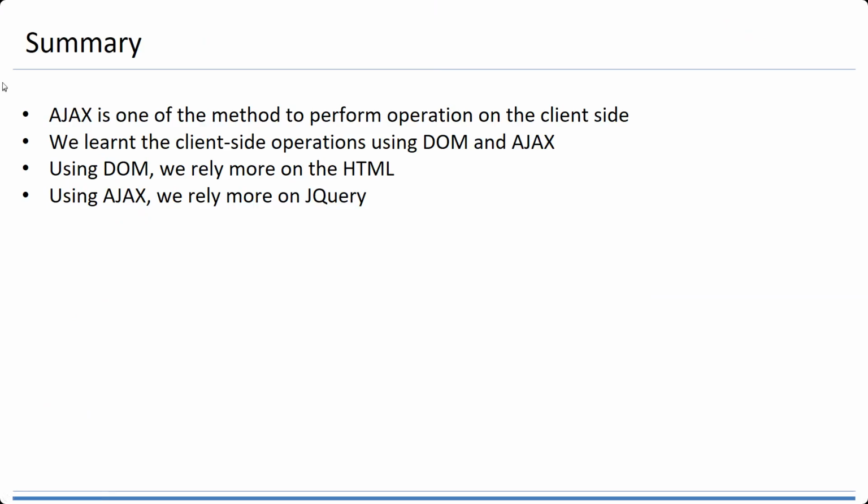Okay, in the summary, oh, okay, this is the end. So AJAX is one of the methods to perform operations on the client side. So you can perform the CRUD. Okay, so you can perform create, read, update, delete on the client side. And we learned the client side operation using DOM and AJAX.